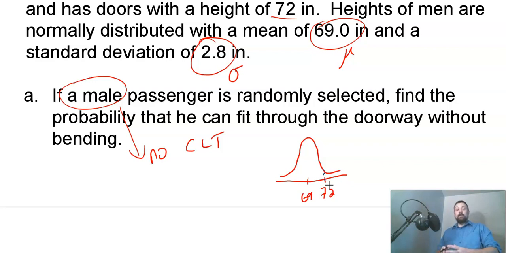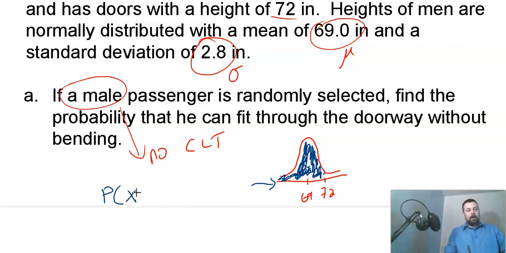The heights less than 72 inches are to the left of 72, so we want the area under the curve to the left of 72. So this area here that I'm shading in, that's the area we want. That'll be the probability that a randomly selected male passenger has a height less than 72.